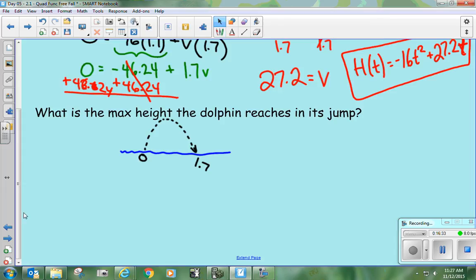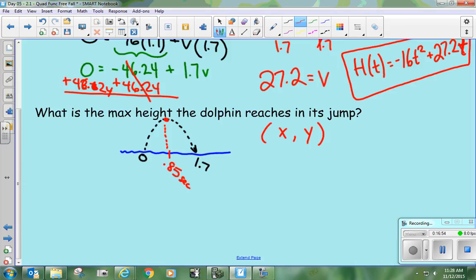We should hope that the middle is right at what? What's half of 1.7? 0.85? Let's see if that's correct. Our vertex will give us the time the max height occurred at, and what the max height was.